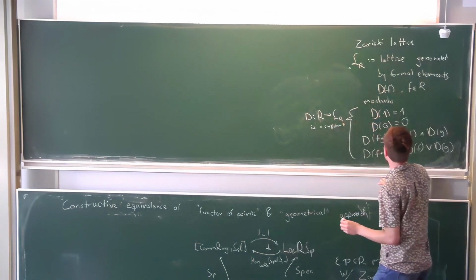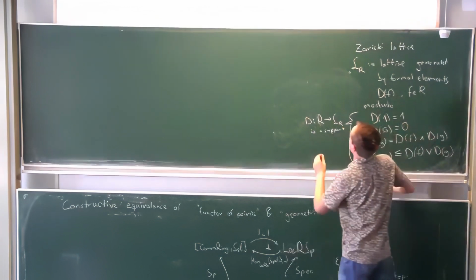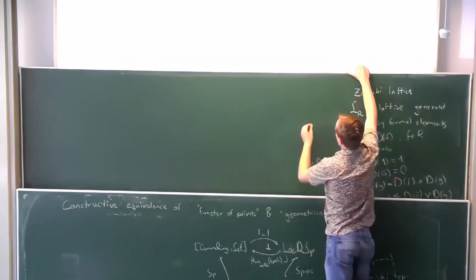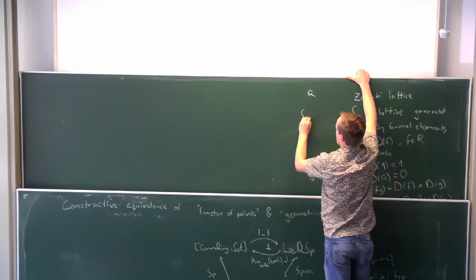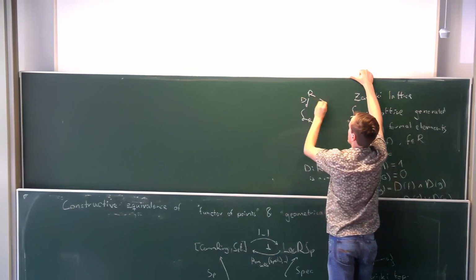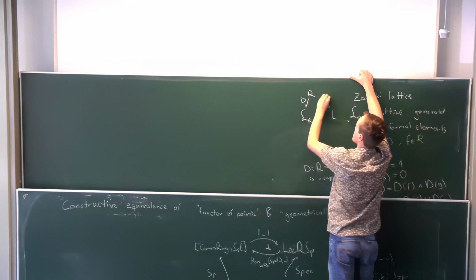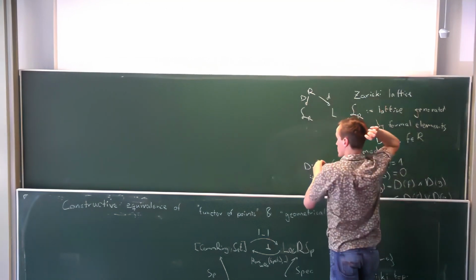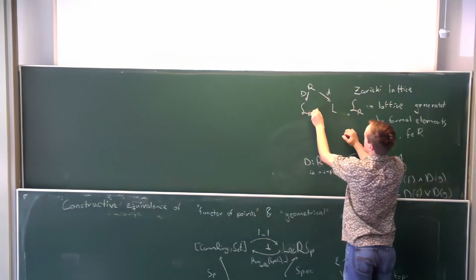Then the Zariski lattice is universal in the sense that we have our support capital D, and given any other lattice with a support small d into some other lattice.